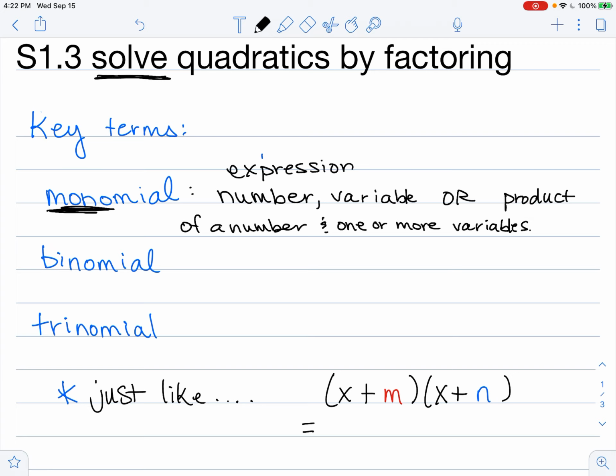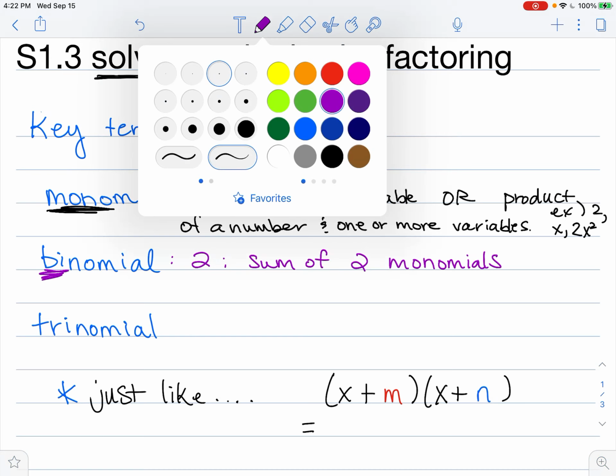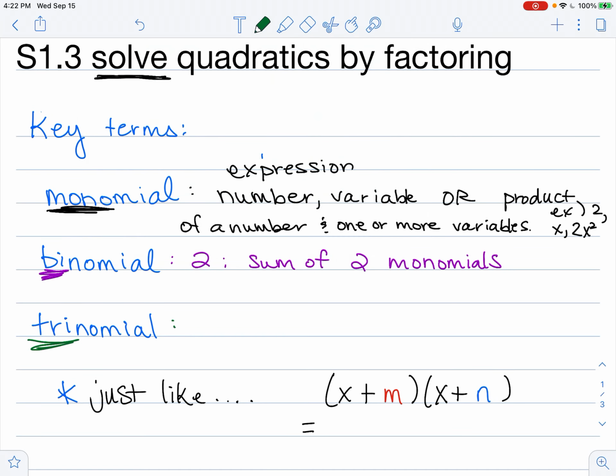So this could be like the number 2 and letter x, or 2x squared, things like that. A binomial indicates two, such as the sum of two monomials. And a trinomial is the sum of three monomials.